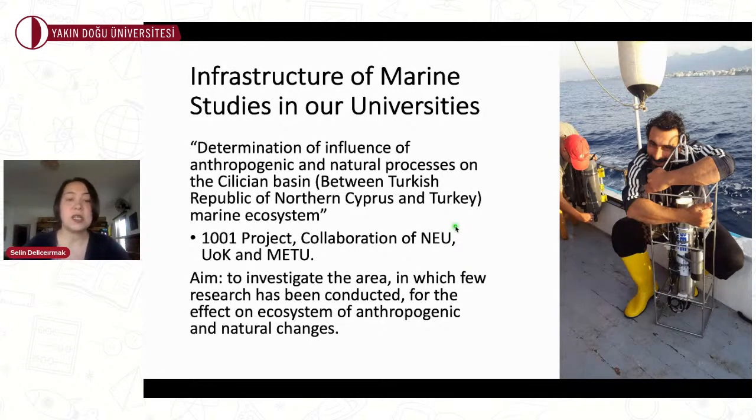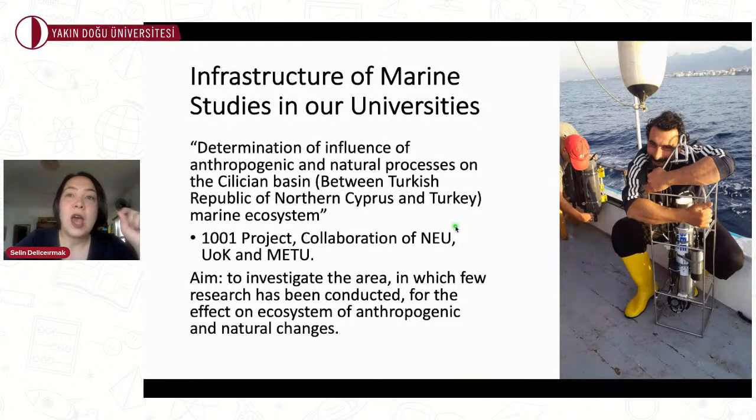The aim of the study was to investigate the area, and just note that only a few research studies have been conducted in that area. So to investigate the effect of anthropogenic and natural change on the ecosystem.